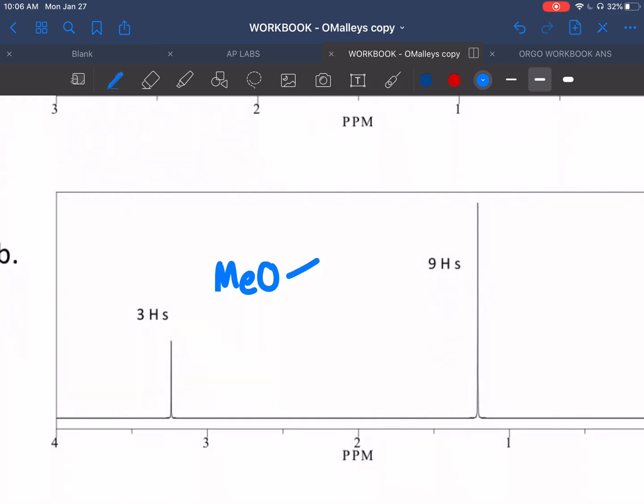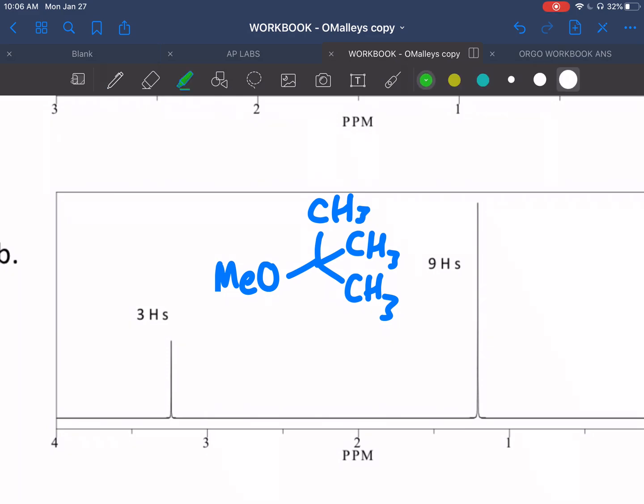So I'll draw it the other way around, and I'll even fill in some of the H's so we can make sense of how many there are and why there's no splitting and the location. The methoxy right there on the oxygen would be fairly to the left in the spectrum. It would be what's called de-shielded in the 3s and 4s because they're hydrogens attached to a carbon that's directly on an oxygen.